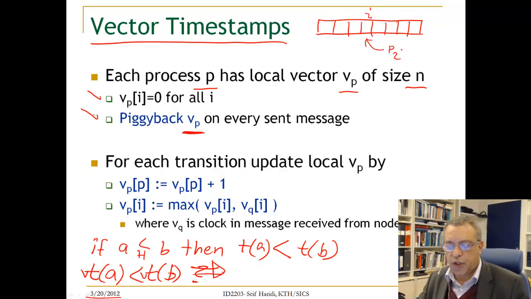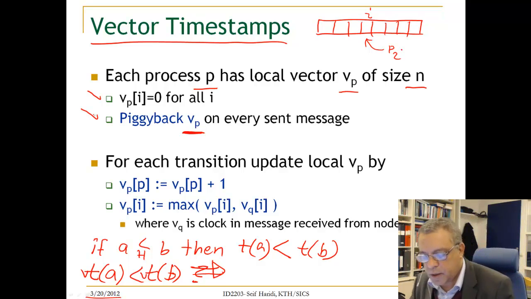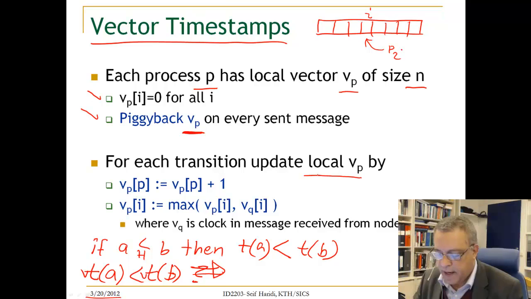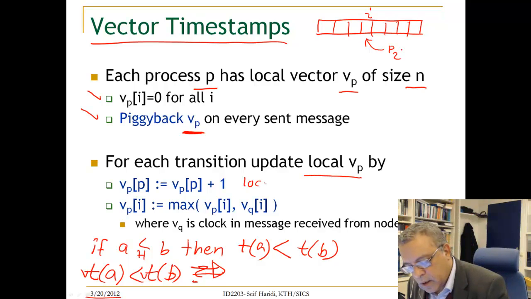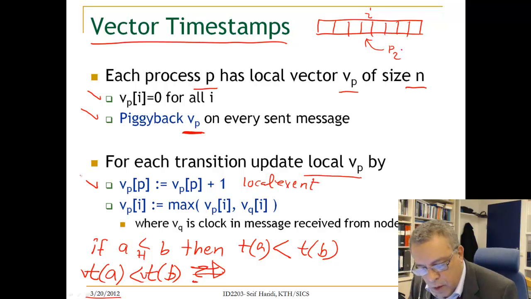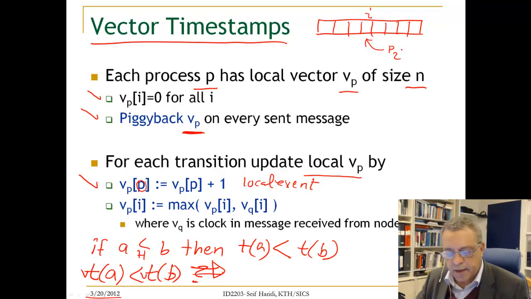Now, for each event or transition, we update the local vector clock as follows. For a local event, we look at the field associated with P, and we increment that field by 1.